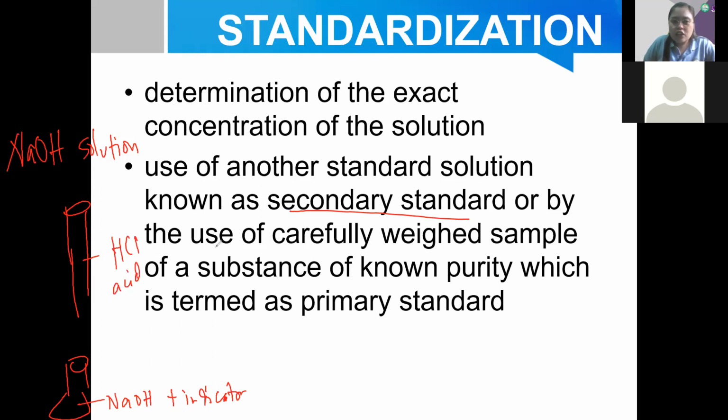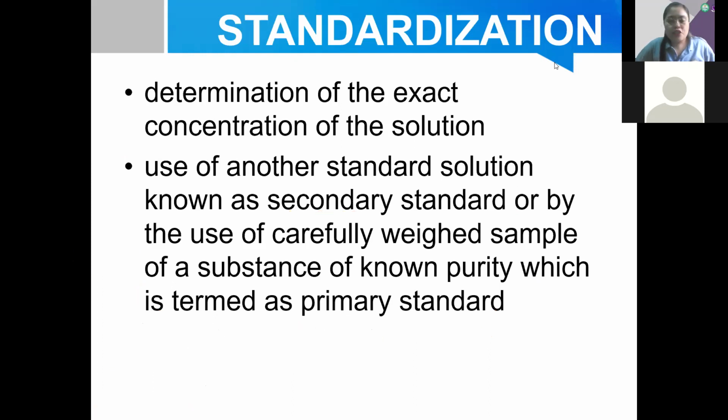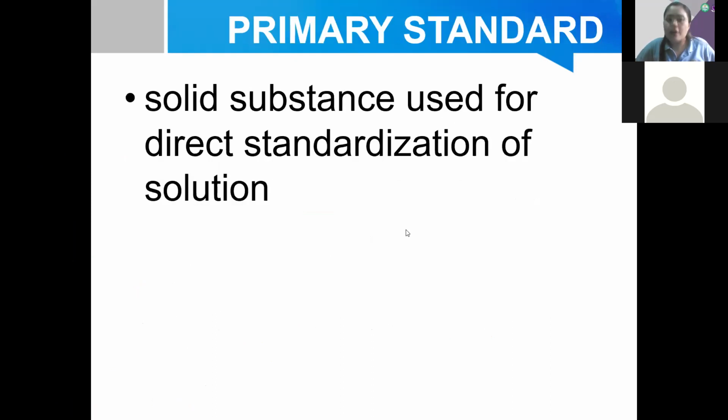Since hydrochloric acid is a liquid sample and it is added using a burette, it becomes the titrant, and it is called a secondary standard. I hope you can differentiate them by this time. But the process is still standardization, because our goal is to identify the exact concentration of our solution.